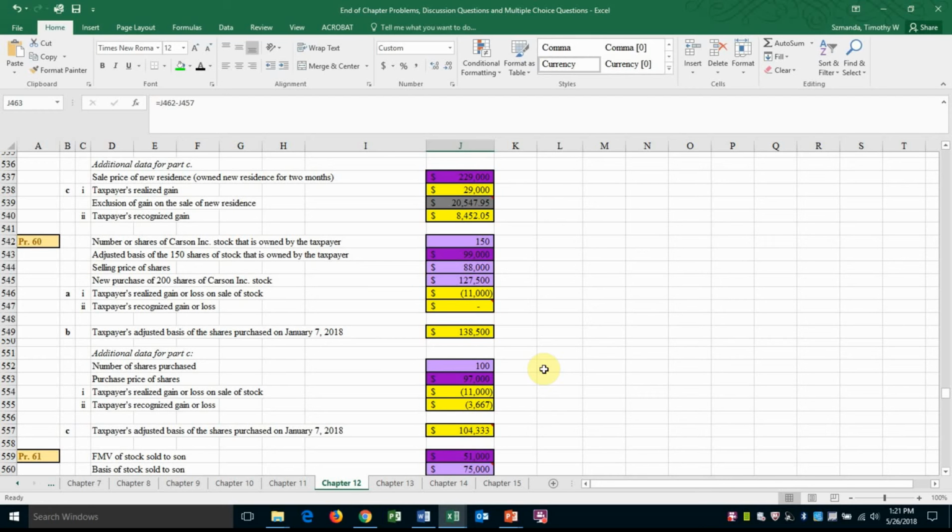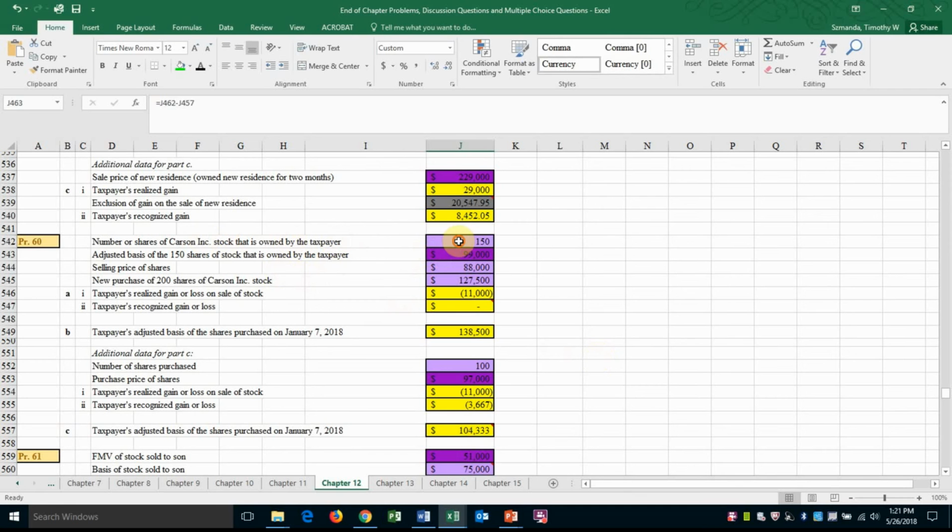On December 18th, 2017, she sells the 150 shares for $88,000. On January 7th, 2018, she purchases 200 shares of Carlton stock for $127,500. On to page 1236 for Part A. What are Crystal's realized and recognized gain or loss on the sale of the 150 shares sold on December 18, 2017?